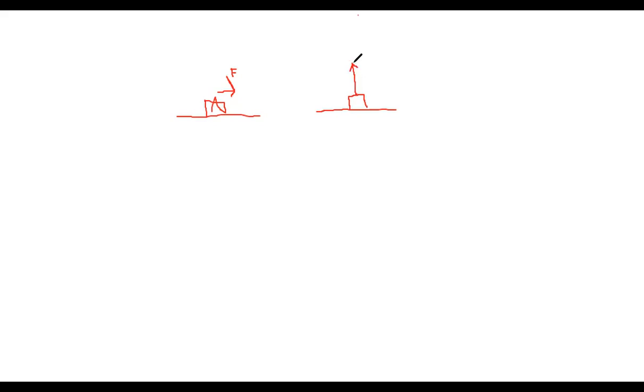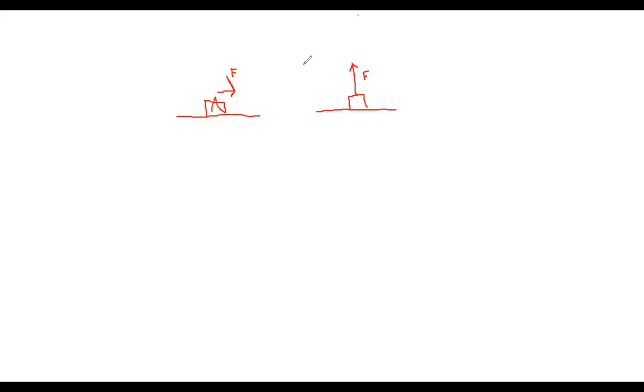So these are the two vector cases: in one, a force acts on the body parallel to the x-axis and it moves linearly along the ground. In the other, the body is pulled upward and moves vertically upward, parallel to the y-axis.